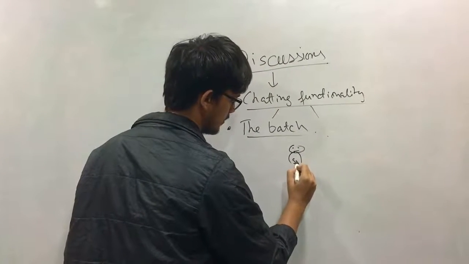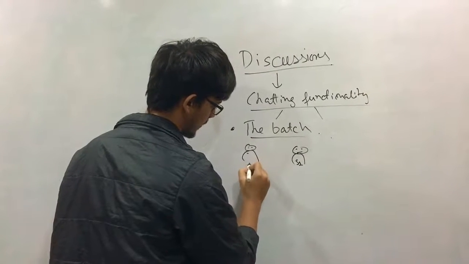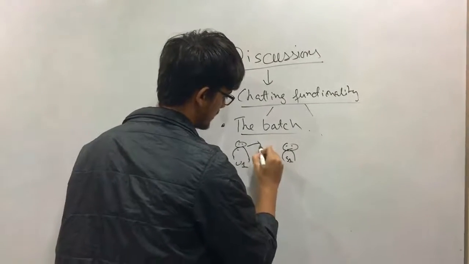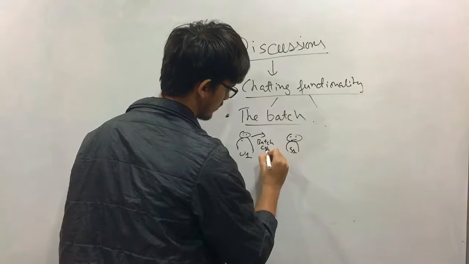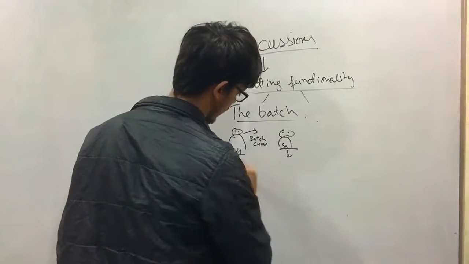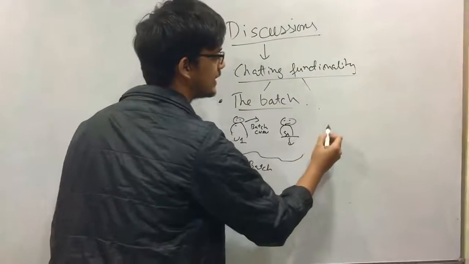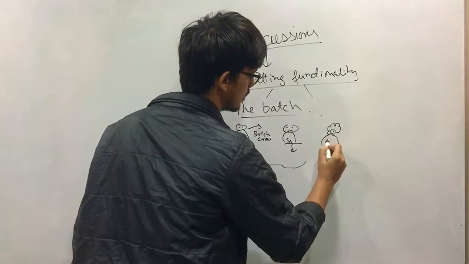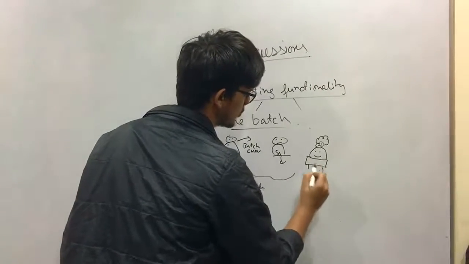Let's say this is student 1. Let's say this is our user which we are targeting. And if he broadcasts a message in the batch channel, the student 1 who happens to be in his batch should get the message, and the student who happens to be senior should not get the message.